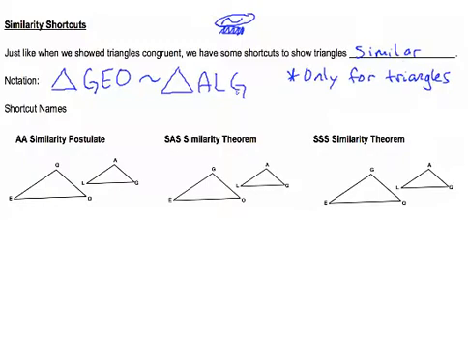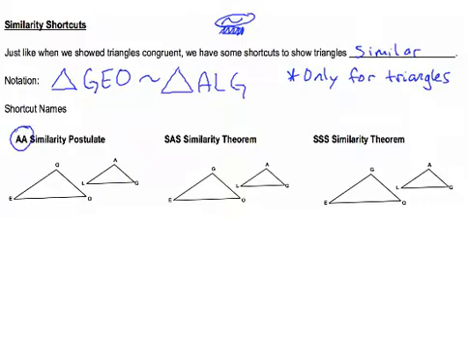Now when we're looking at two triangles, what's nice about triangles is we don't need to check all 3 angles and we don't need to check all 3 sides. There are just a couple combinations that if we have, we can stop there and we can say that these triangles are in fact similar. The first shortcut is called angle-angle, or just AA for short.